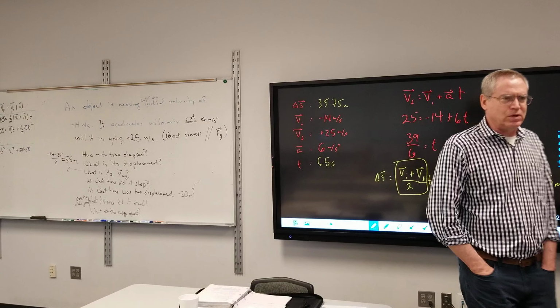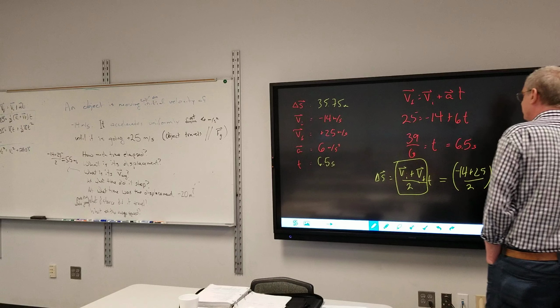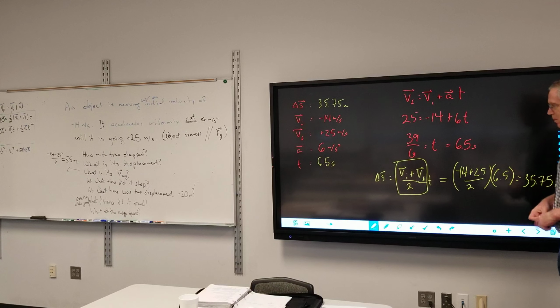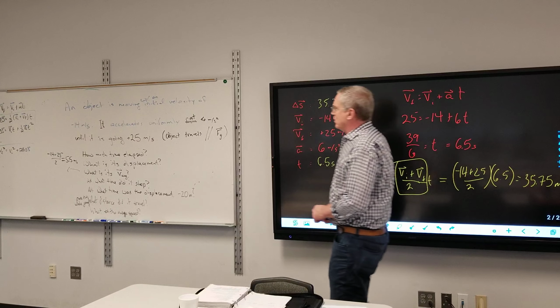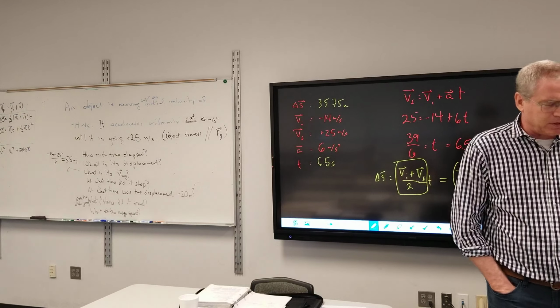Assuming you have the information you need, what's the formula for average velocity that is always true? Your displacement over your change of time. Yes. Which in essence is where we get this equation from. All right, so we have our average velocity. Now, questions up to here.